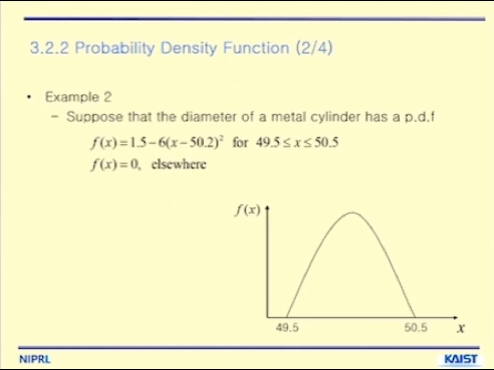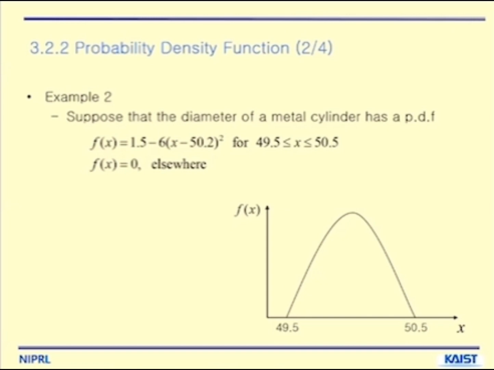this is the situation. Suppose that the diameter of a metal cylinder has a PDF given as that. Your f of s is given to be 1.5 minus 6 times (x minus 50.2) all raised to power 2, and the range is from 49.5 to 50.5. How do we have that function in place? That is according to expert knowledge. The experts have looked at the way the diameter of a metal cylinder is generated, and it follows that probability function.